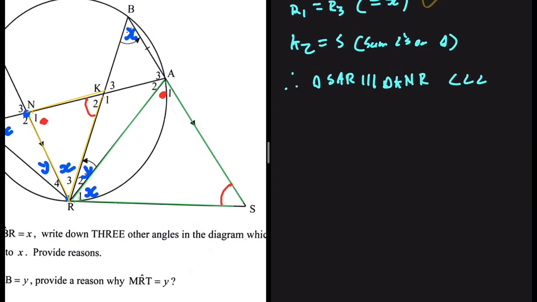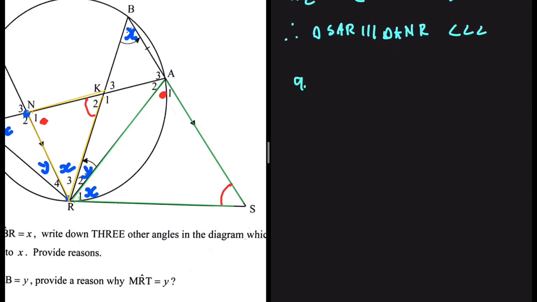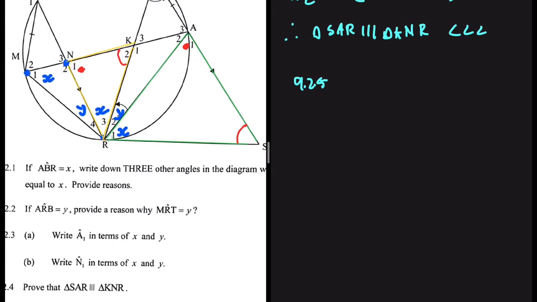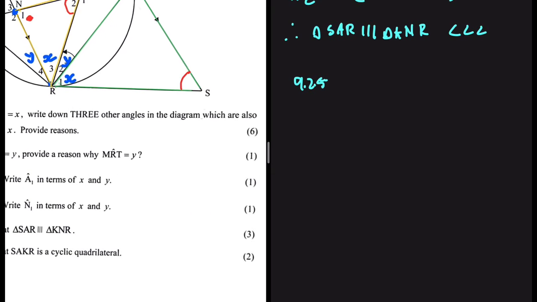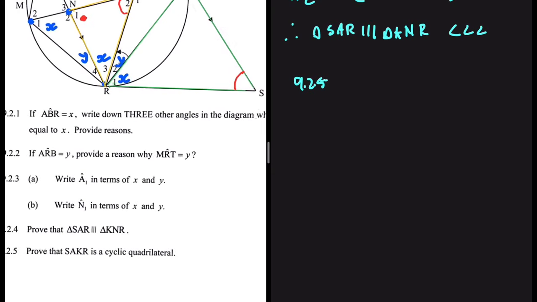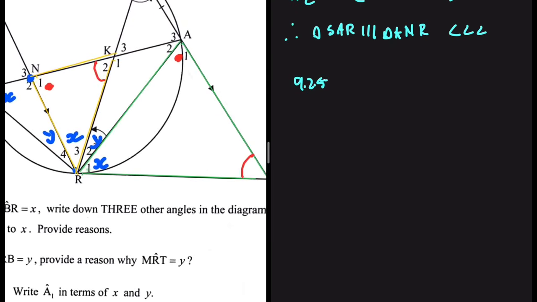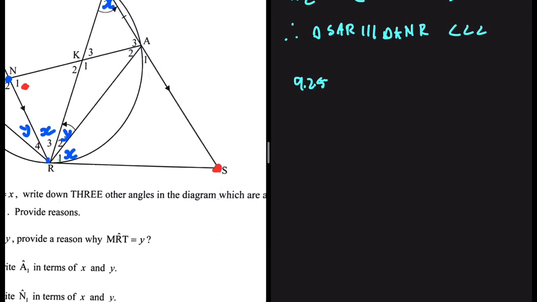The last question, 9.2.5. Prove with reasons that SAKR is a cyclic quadrilateral. So let's just go ahead and look at SAKR.